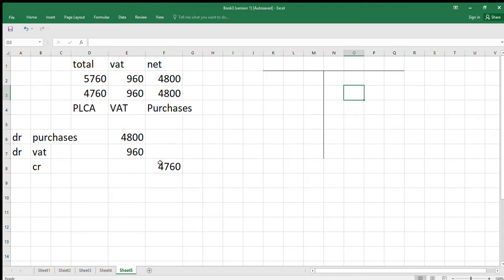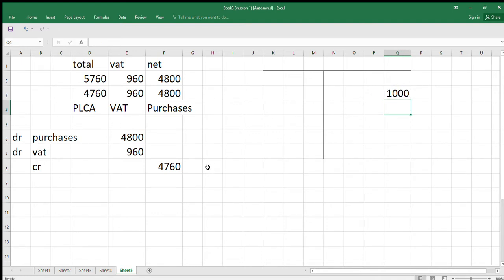It's actually that one there. So the suspense account must be credit 1,000, because that would then make the 5760 balance off to there. Right, so that's what we're starting with.